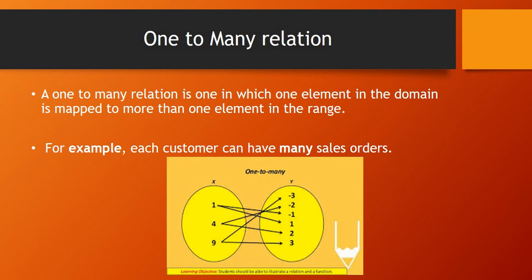So here on my diagram, you note that in the domain, which is the X values in this case, we have 1 mapping onto +1 and also -1. We have 4 mapping onto +2 and also -2. And we have 9 mapping onto +3 and -3. So this is an example of a one-to-many relation.